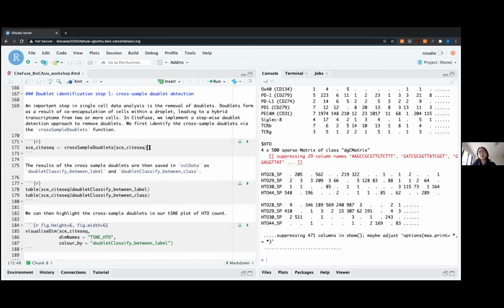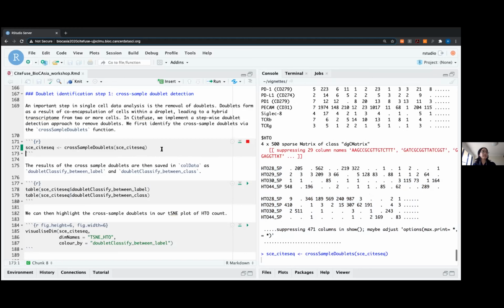So an approach that we took to detect doublets, so when a cell is found to be in both samples, is to use this function called crossSampleDoublets. And what we do here is we use mixture modeling to find any cells that seem to express 2 or more of these cell hashing antibodies.